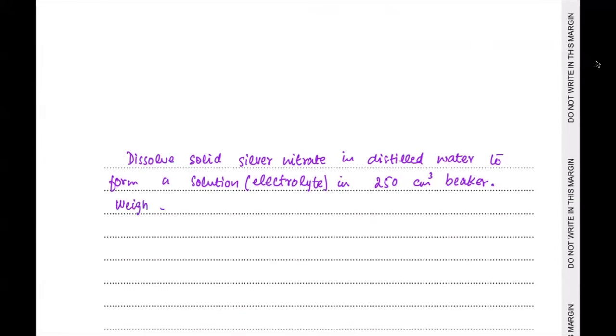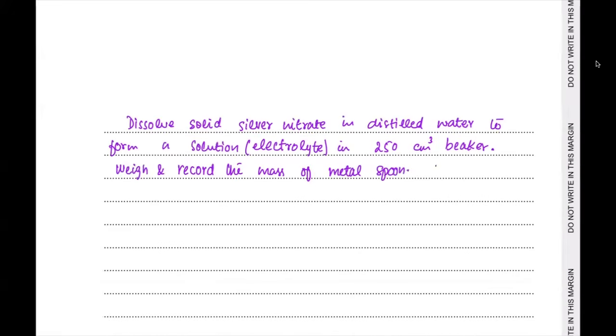So now weigh and record the mass of the metal spoon. Now what you are going to do, connect the solid silver, we are going to make it the anode. Yeah, very good, Mariam. So solid silver at the anode, and the anode is the positive terminal of the battery, right?